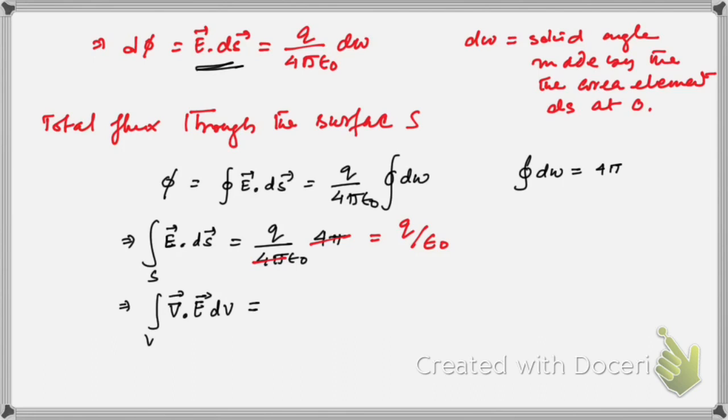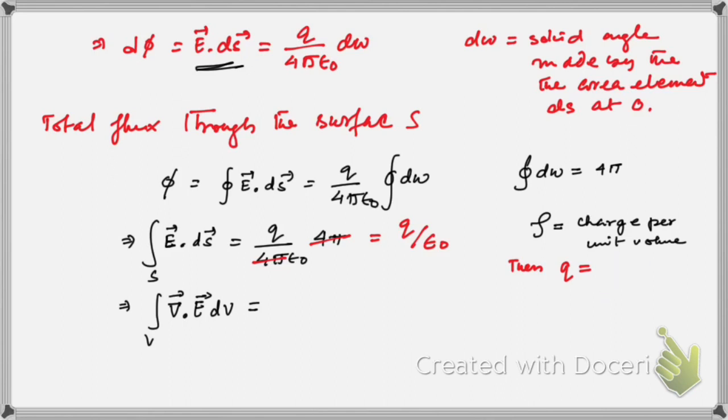And if rho is the volume charge density, or charge per unit volume, then instead of Q you can write Q is equal to the volume integral of rho dV, right?